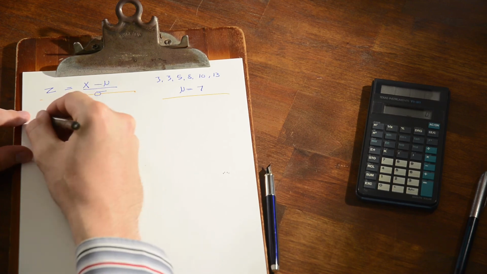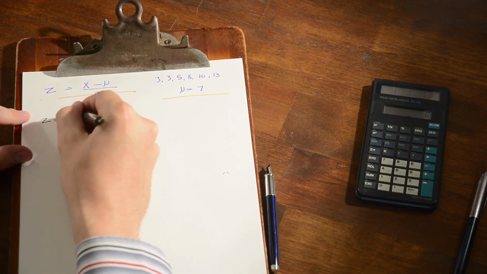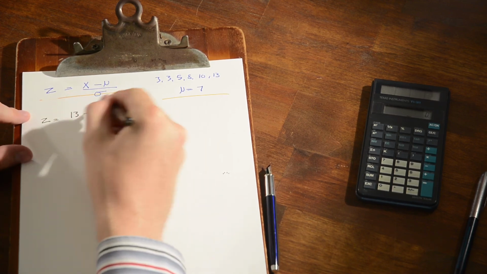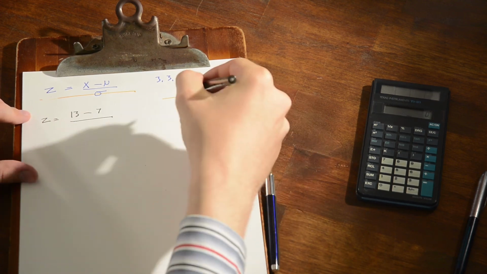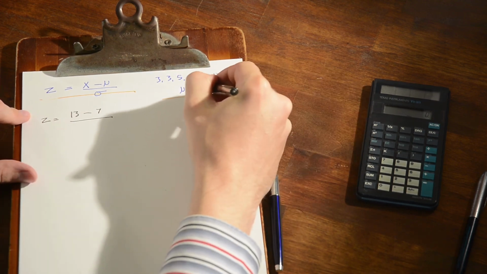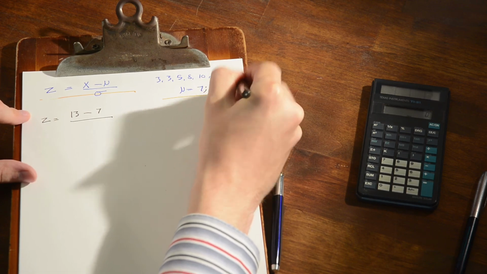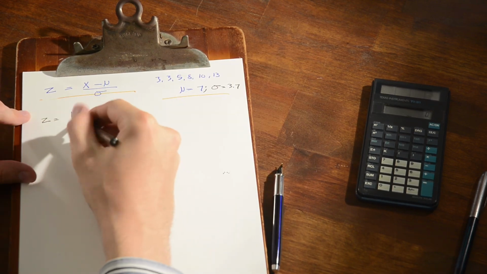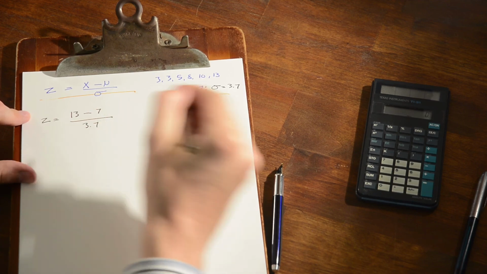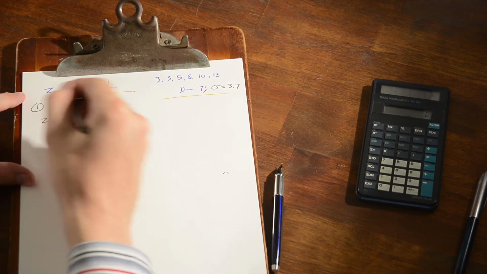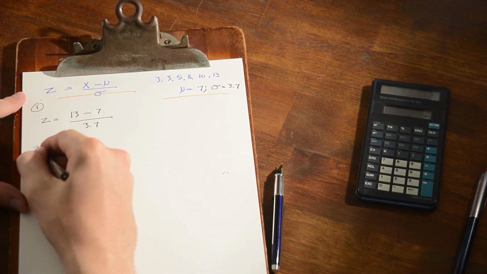So let's take z is equal to 13 minus 7 over our standard deviation. Our standard deviation, we'll add it in over here, equal to 3.7. Over 3.7. That's step 1. Step 2, we come down here.